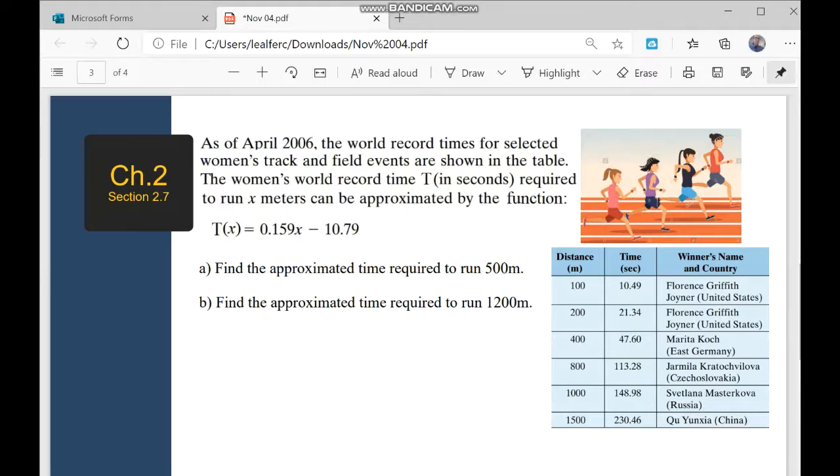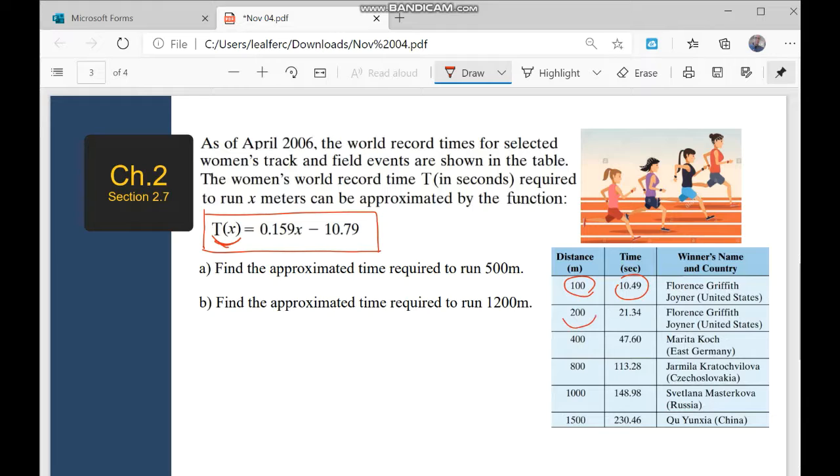So using this table, someone actually found this function that can calculate the time based on the given distance. If the distance is 100, this is going to give you the time of 10.49, and so on.